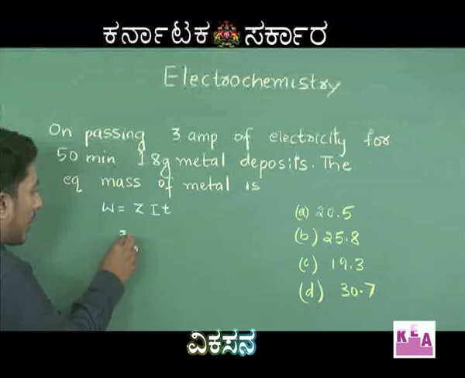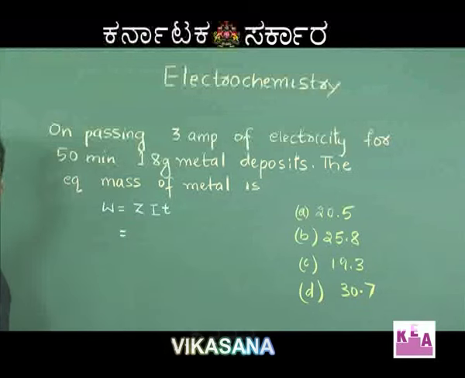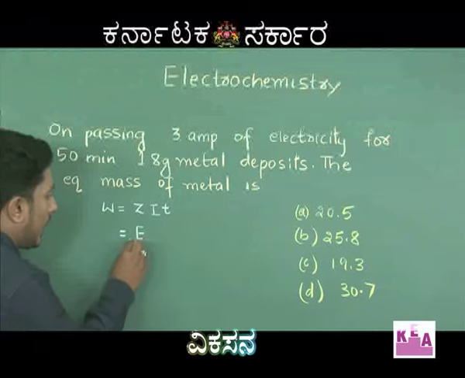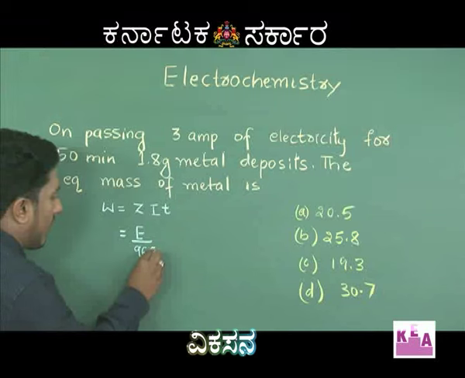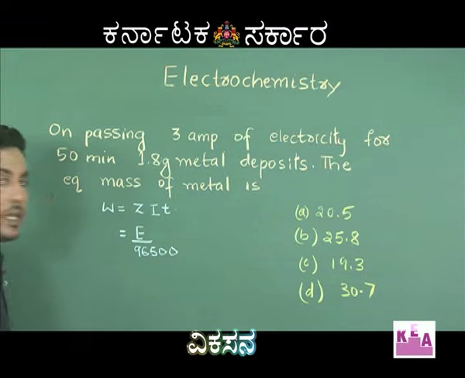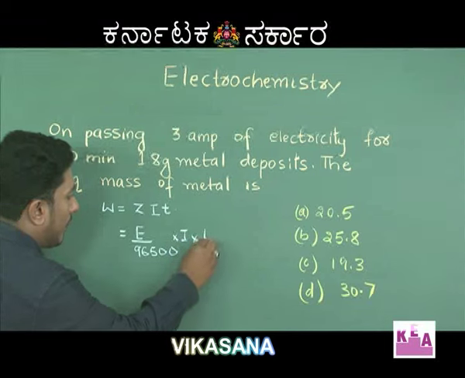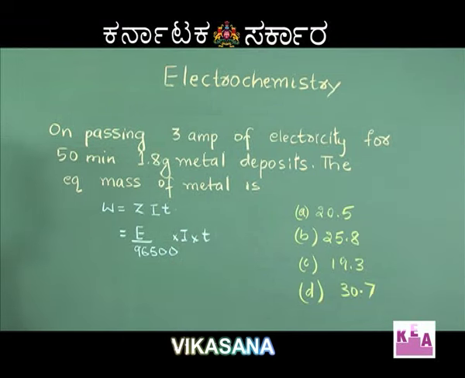So, electrochemical equivalent Z is given by equivalent weight divided by 96,500. Hence, the equation reduces to E divided by 96,500, where E refers to the equivalent weight of the metal, into I into T. We need to find the equivalent weight of the compound.